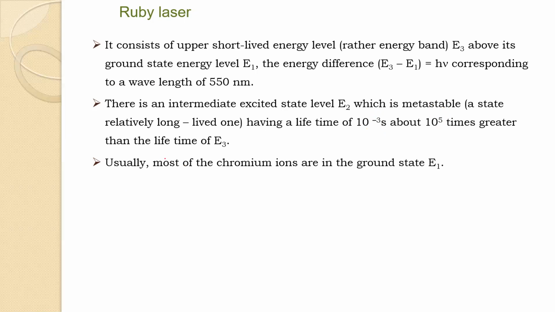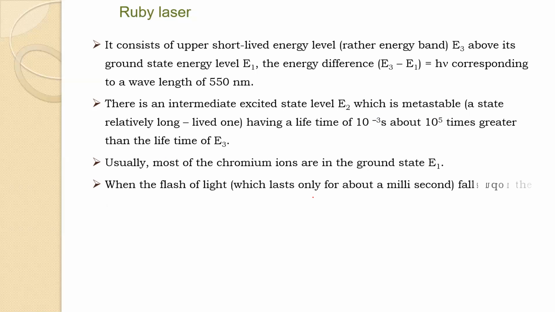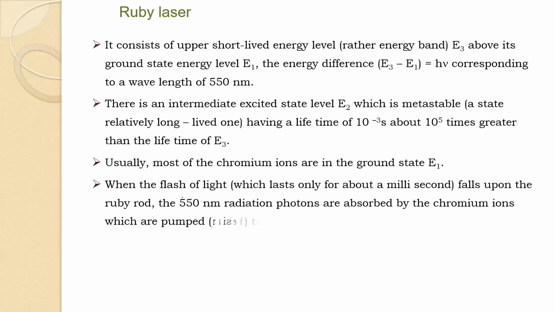Now the working. Usually most of the chromium ions are in the ground state, and the flash light falls upon the ruby rod. 550 nanometer radiation photons are absorbed by the chromium ions, which are pumped to the excited state E3.